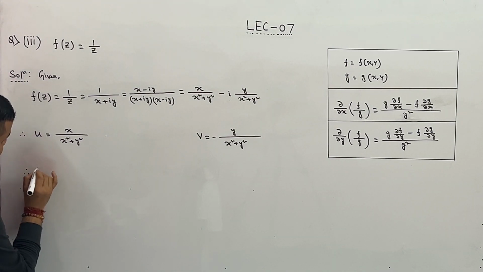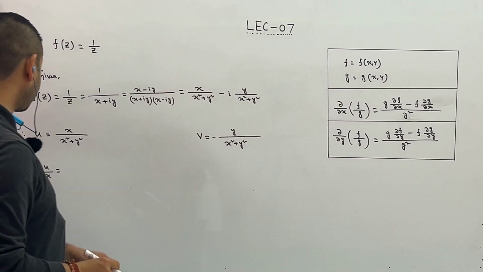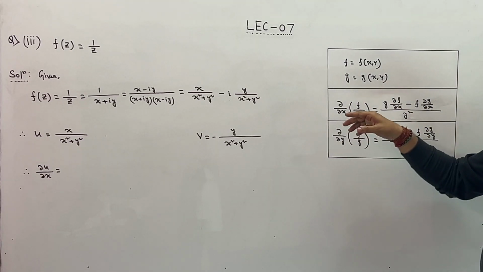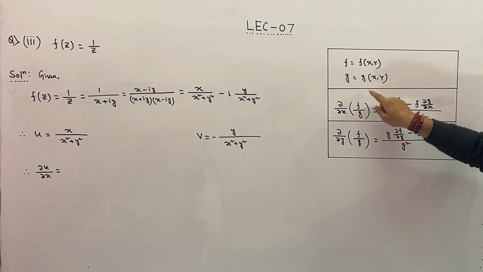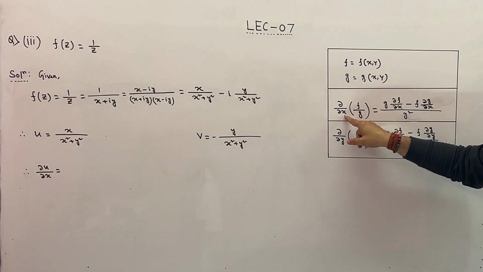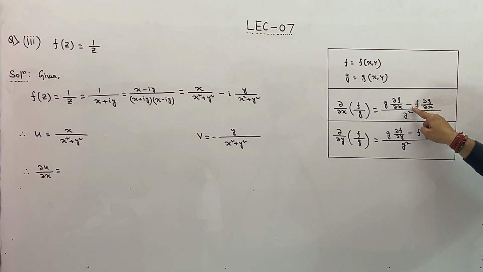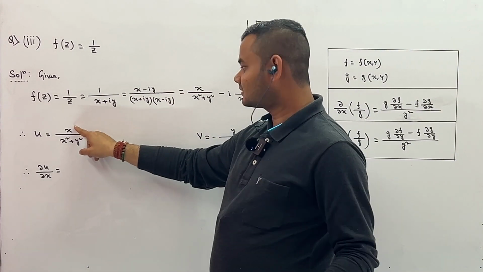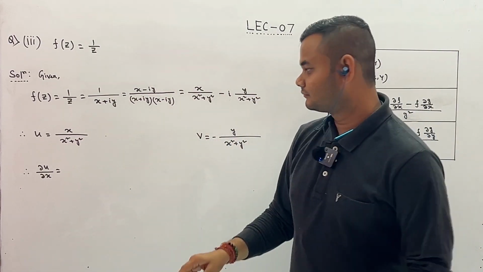So, del u by del x is equal to, for calculation of del u by del x, we have to apply this formula. We assume that f is a function of x and y and z is a function of x and y. So, del x of f by z is equal to z into del f by del x minus f into del z by del x divided by z square. In our case f is x and z is x square plus y square.